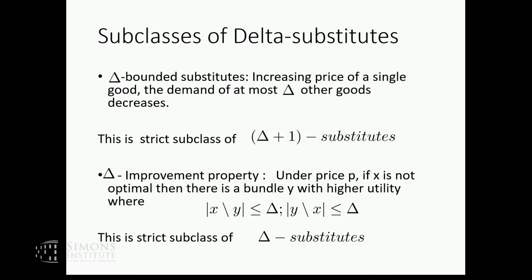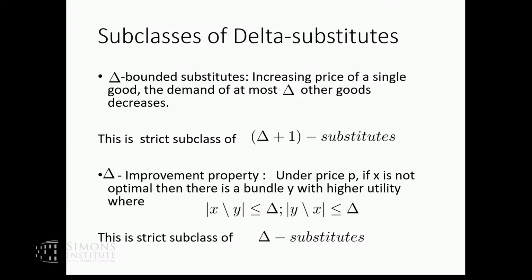Here are two interesting subclasses of delta substitute. The first imitates the substitute notion in the non-quasi-linear setting: if I increase the price of a single good, I look at how many other goods I'm allowed to decrease my demand for. If it's at most delta others, then this is a subclass of delta plus one substitute.